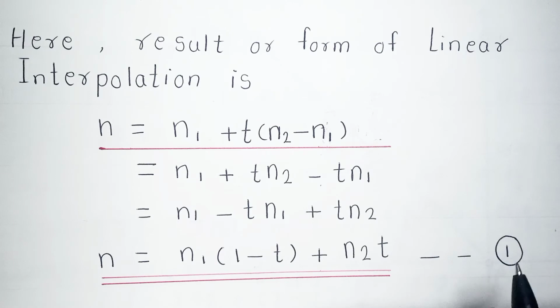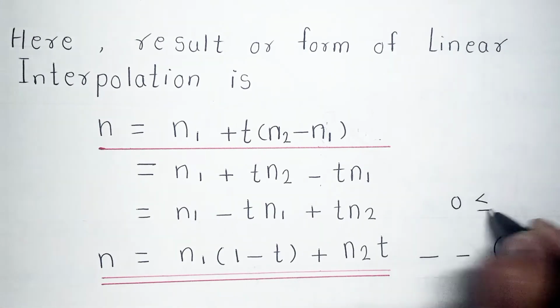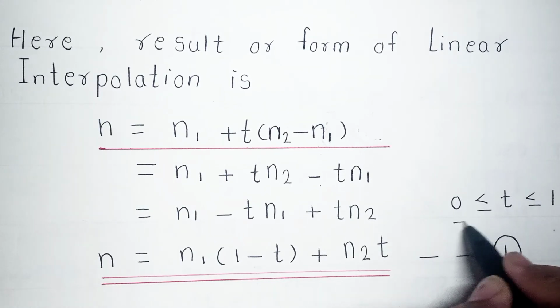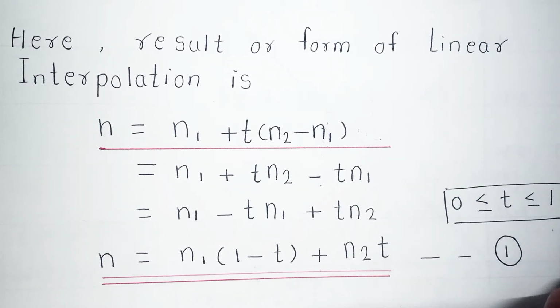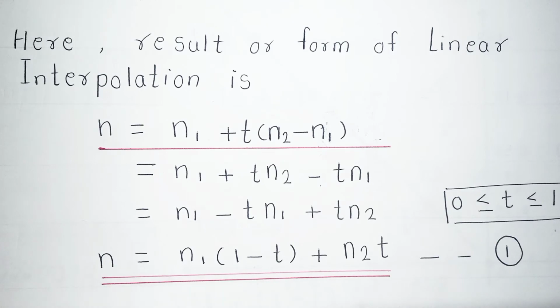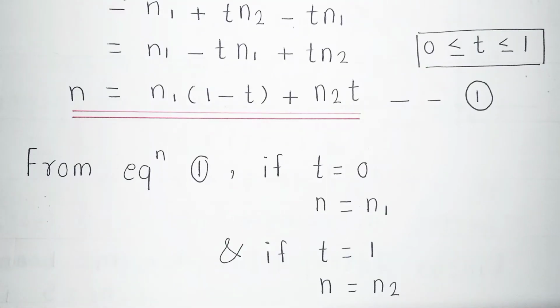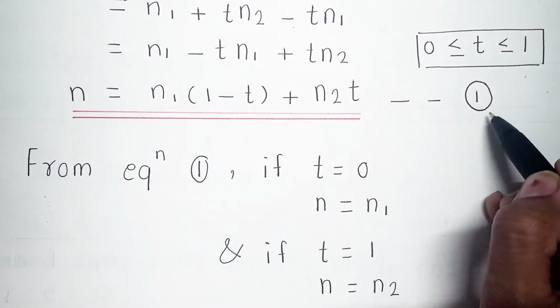What is the value of the t parameter? The value of t lies between 0 ≤ t ≤ 1. So here we substitute the values for the t parameter and then we find the value of n here. So just assume that if we substitute t equal to 0 and 1, then what happens? So this is equation number 1.